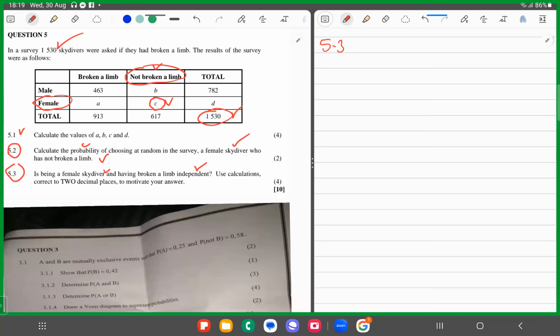We have the probability of female and broken a limb.